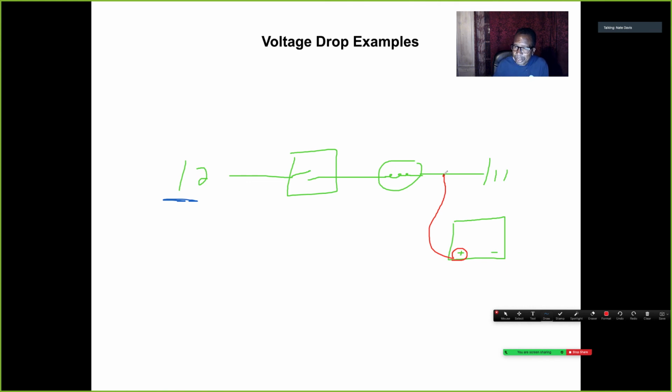The red lead goes here to the ground terminal. The black lead goes either to the ground over here or back to the battery ground or the frame of the car. Let's say it's the frame over here. So it's ground to ground. The red lead goes to the ground wire here. The black lead goes to the frame of the car or back to the battery. It's usually going to be the frame of the car though, because that goes to the battery. And basically that's what that slide was saying. How you do a voltage drop.